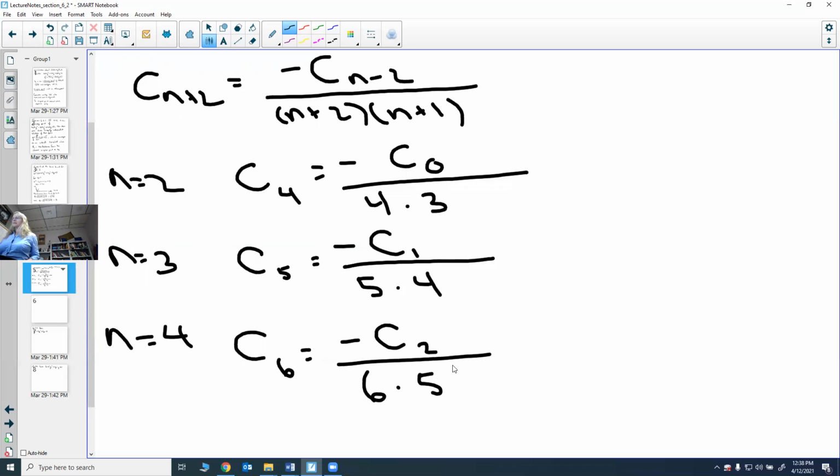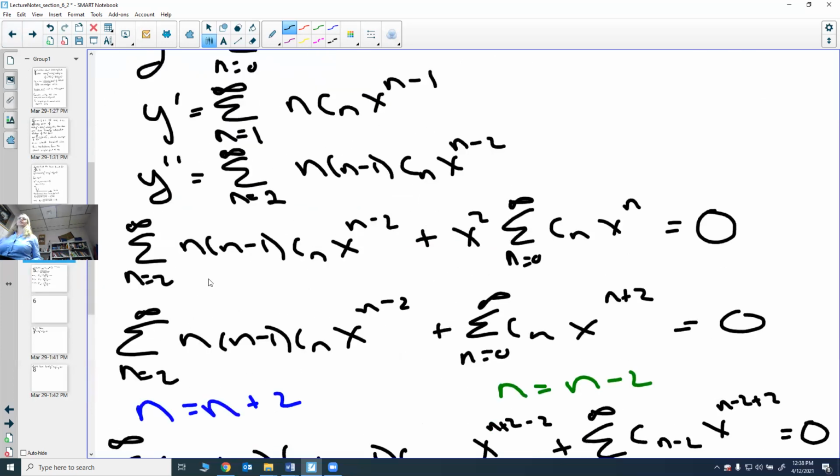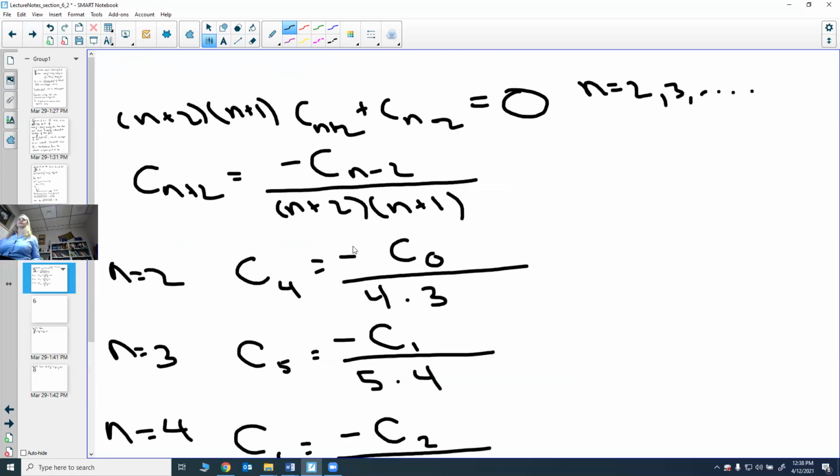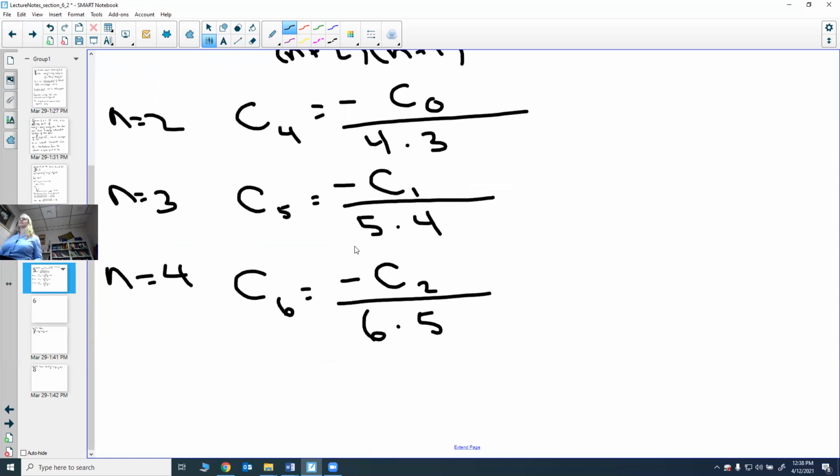If I know what c sub 2 is, I can find c sub 6. But I do know c sub 2: we found it was 0. So c sub 6 is also going to be 0.